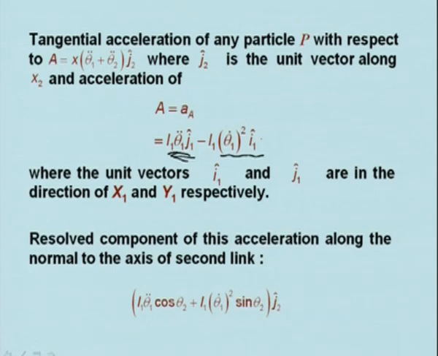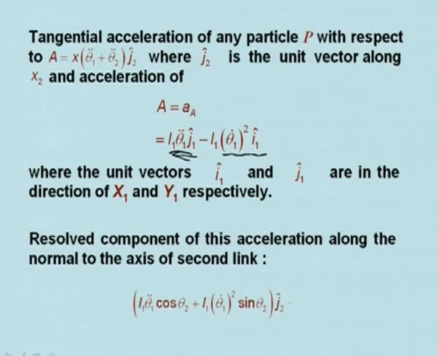Now, the resolved component of this acceleration along the normal to the axis of the second link is like this. You resolve these components: L1 theta 1 dot dot cos theta 2 plus L1 theta 1 dot square sin theta 2 into j2. So you have obtained the resolved component along the normal to the axis.